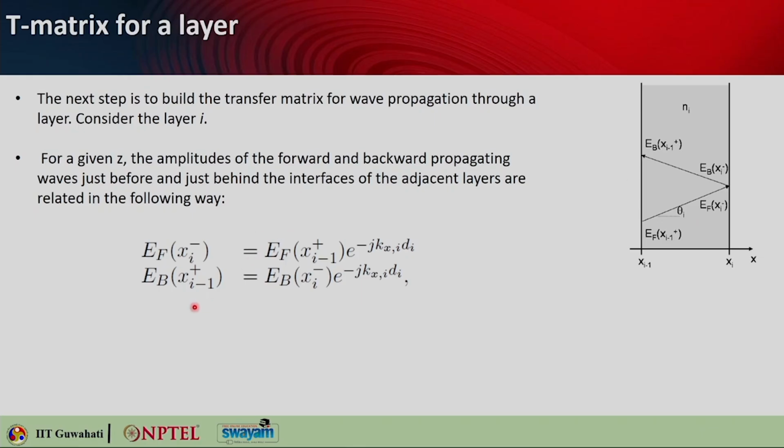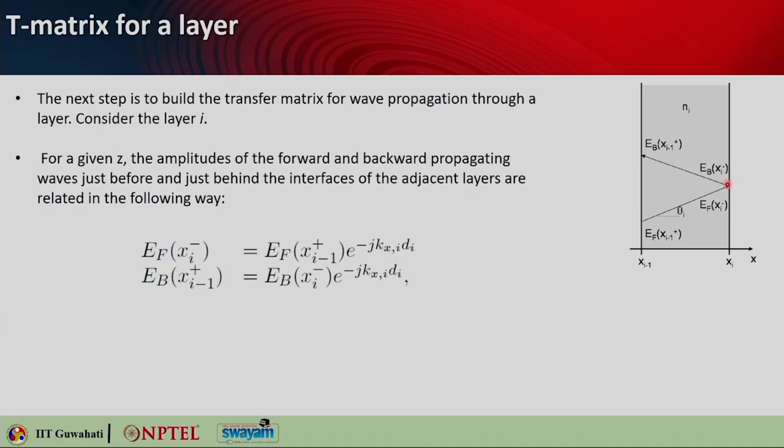So, let us try to write them in terms of equations. So, you can write this equation that Ef xi minus is nothing but Ef xi minus 1 plus, then whatever the phase it has accumulated here. So, you have to look for the x component. So, you will have e to the power minus j kxi di. Okay.